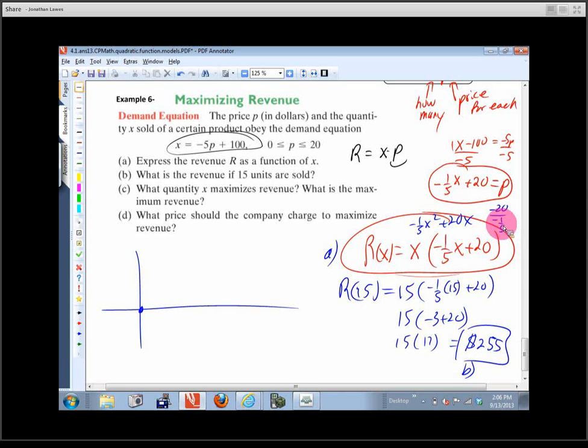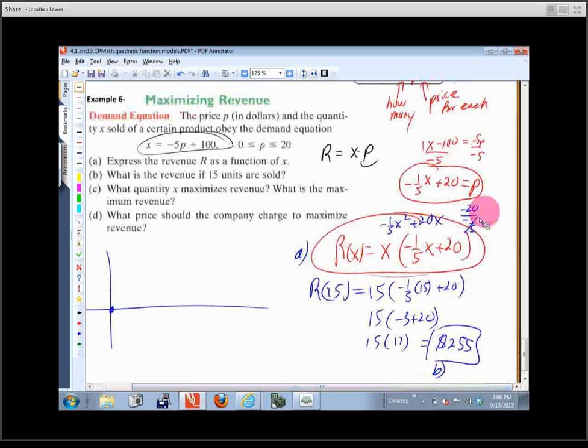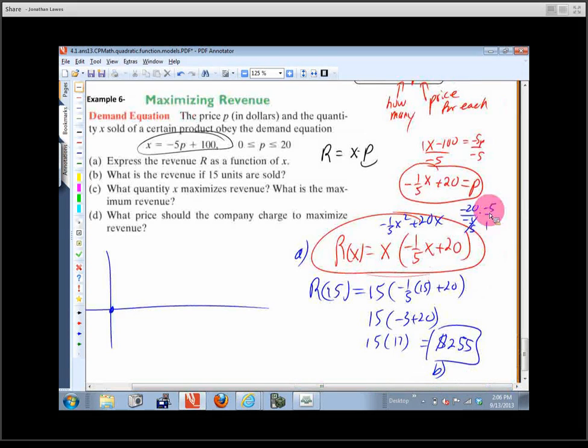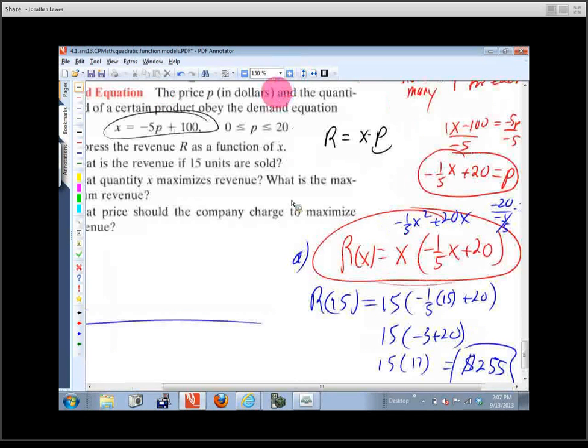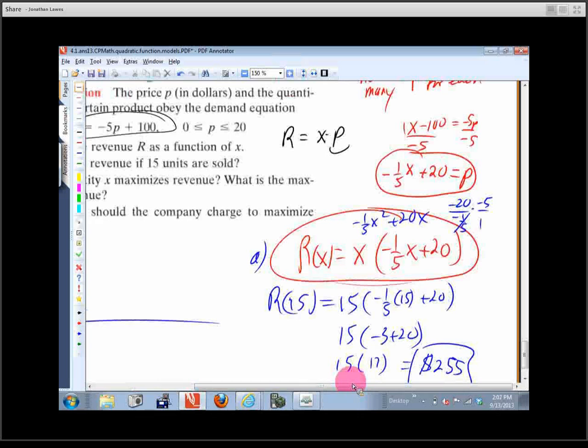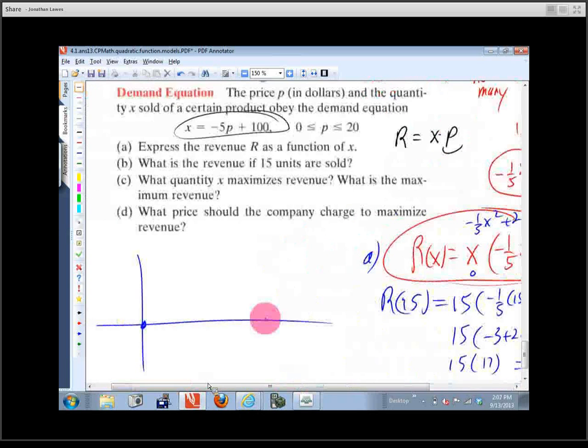What do we do, Tanner? Multiply by the reciprocal. So I'm going to flip it over and multiply by negative 5 over 1. What's a negative times a negative? A positive. And 5 times 20? 100. Okay, so what would make this one equal to 0? 100, and that would be 0. So it crosses at 0 and crosses at 100.